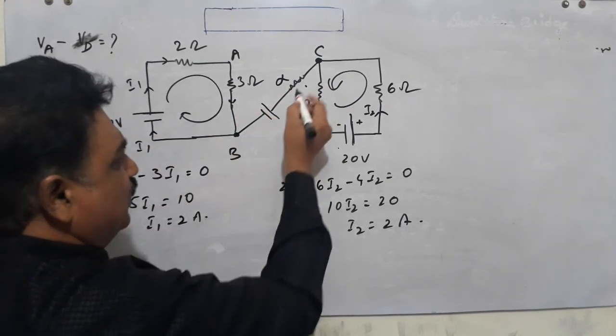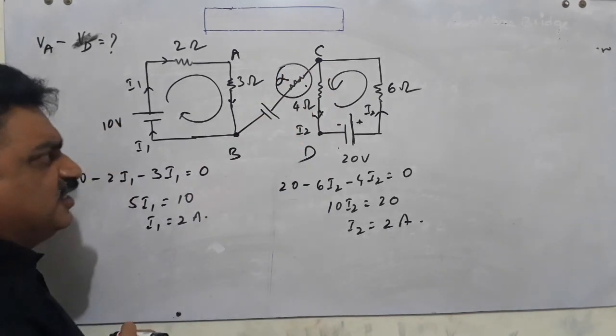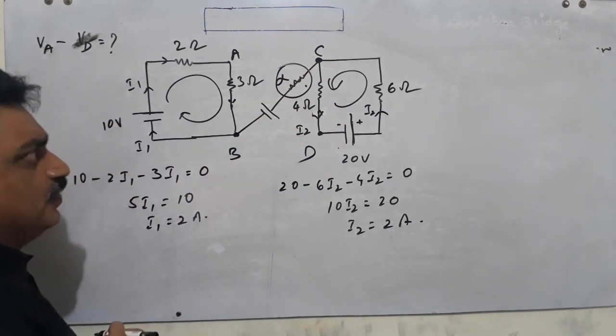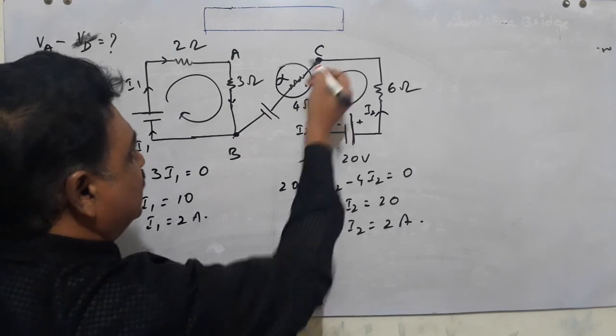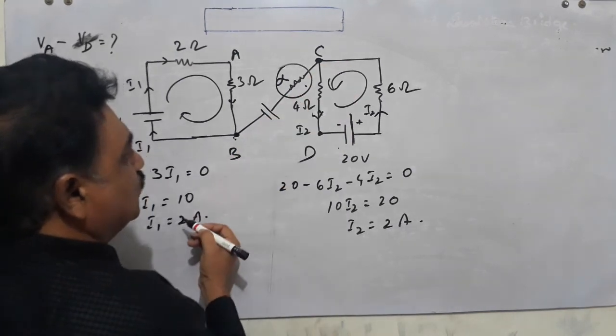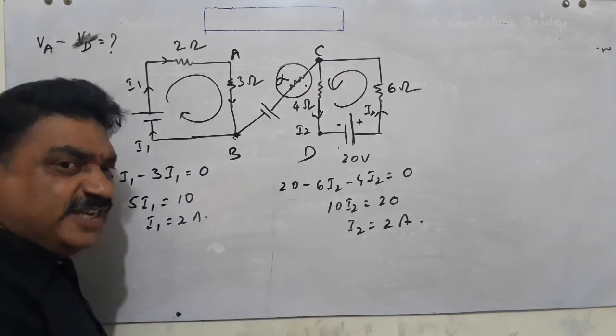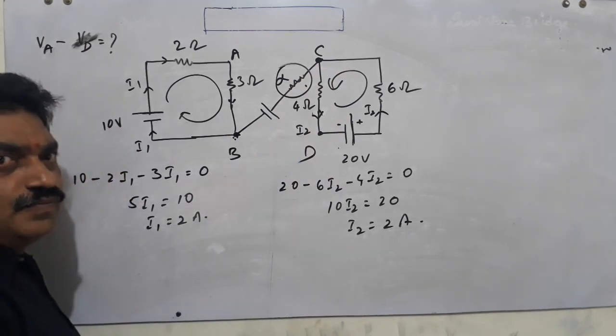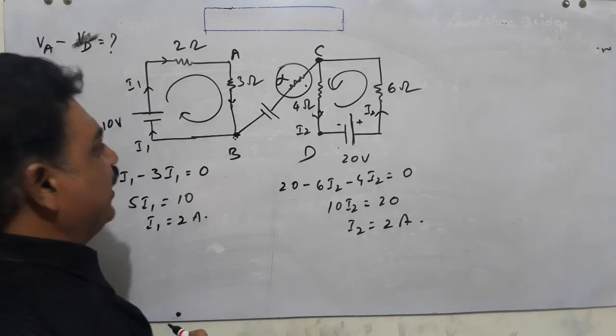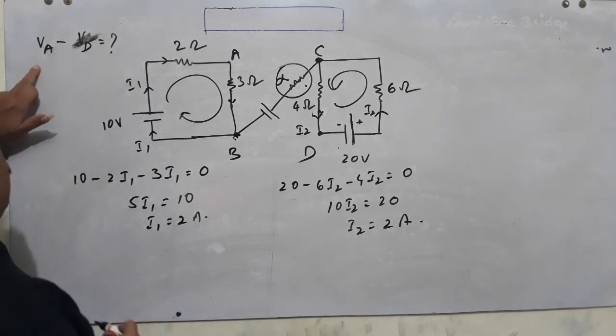In this situation, the potential drop across this point is equal to 0. So no current is there between B and C, so the potential difference between B and C must be equal to 0. So now I am going to solve this problem.